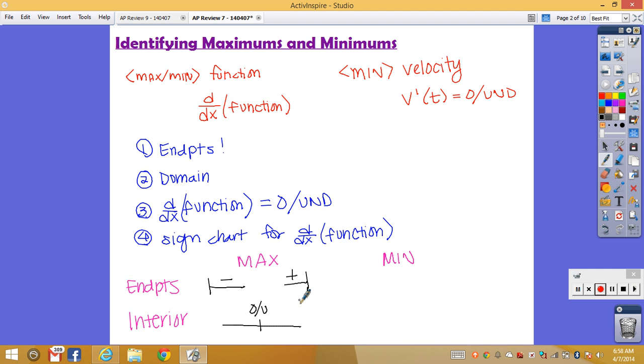Remember, we cross out values that aren't in the domain. And then the signs would have to change from positive to negative. Minimums occur at the left endpoint if we increase, and then right endpoint if we decrease, and then interior, 0 or undefined, not crossed out, and then negative to positive. And the sign charts we're making, remember, will be the derivative of the function that we're trying to minimize or maximize.